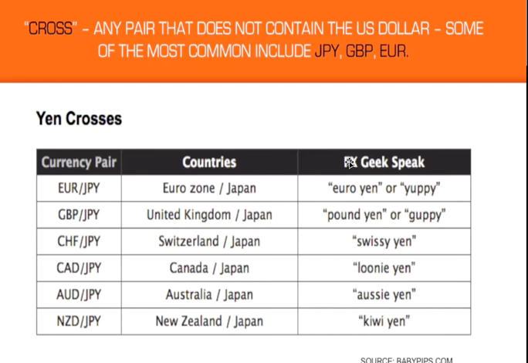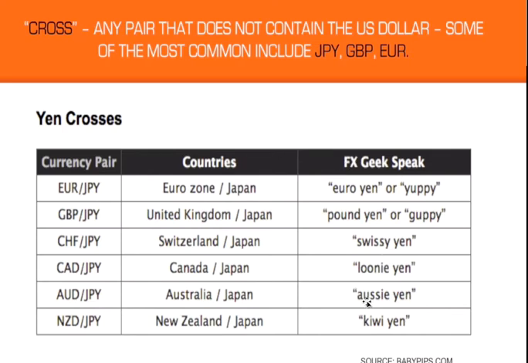So you have the major currencies of the world, which when you pair with JPY, you get what we call the Japanese yen crosses. You have Euro JPY, GBP JPY, CHF JPY, CAD JPY, AUD JPY, and NZD JPY. These are called the yen crosses.